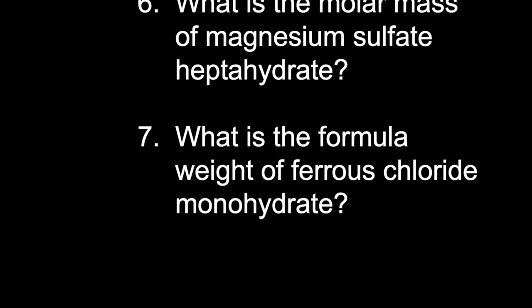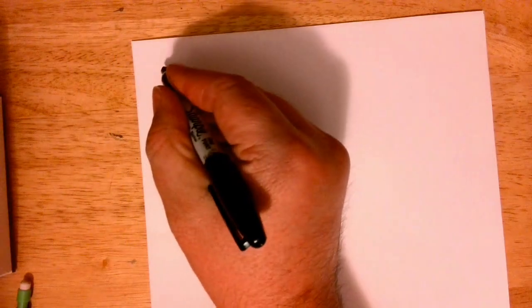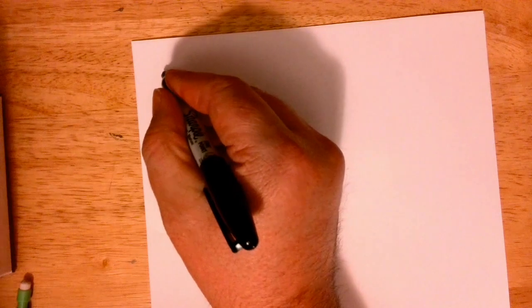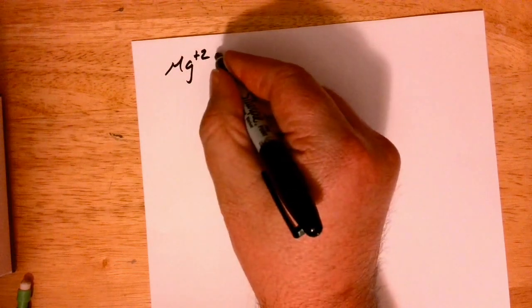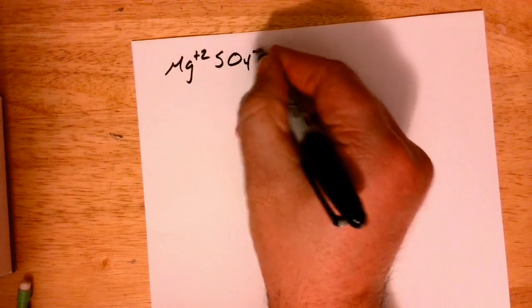Number 6. What is the molar mass of magnesium sulfate heptahydrate? This is better known as Epsom salt. Magnesium, we just did this one. Magnesium is Mg positive 2, sulfate is SO4 negative 2.